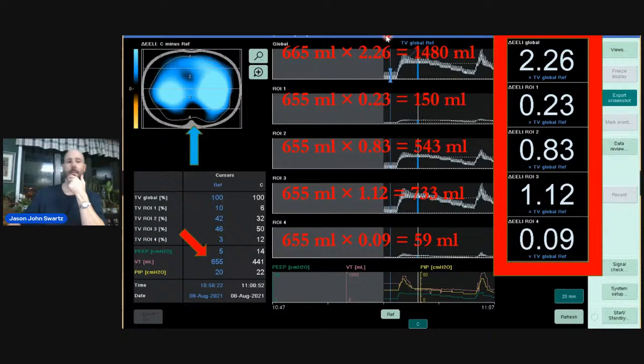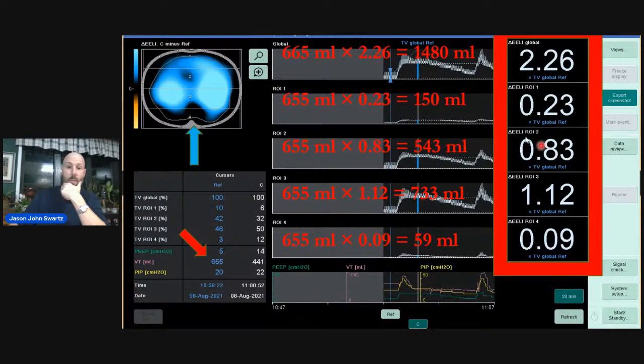I did the math. So remember I said you just multiply, and it says 2.26 multiplied by tidal volume of global reference, which is a 655. I multiply it by the impedance value. So I know globally, going from PEEP of 5 to 14, I've increased the functional residual capacity by 1,480.